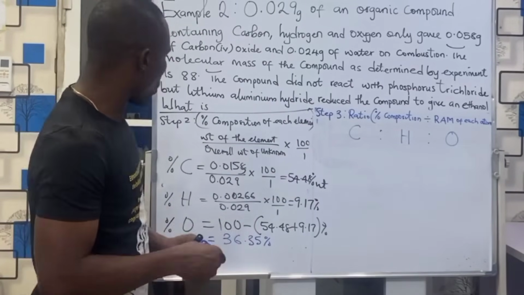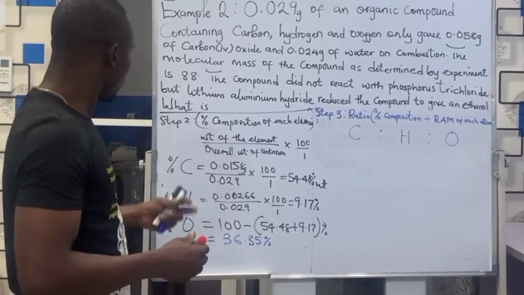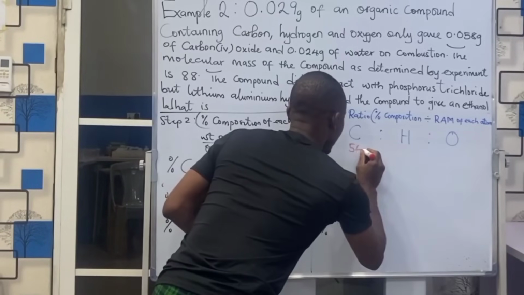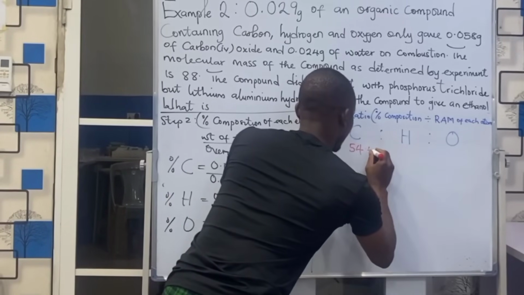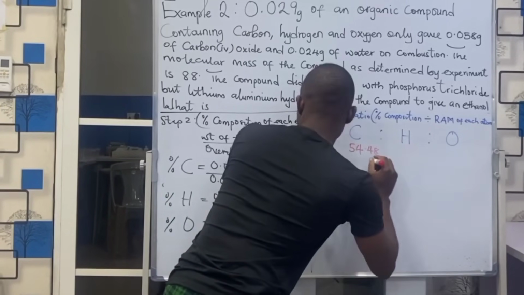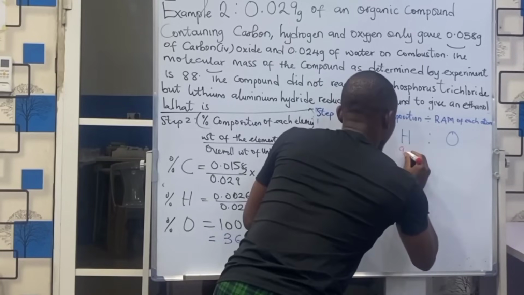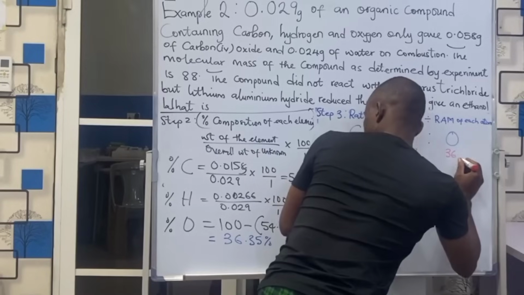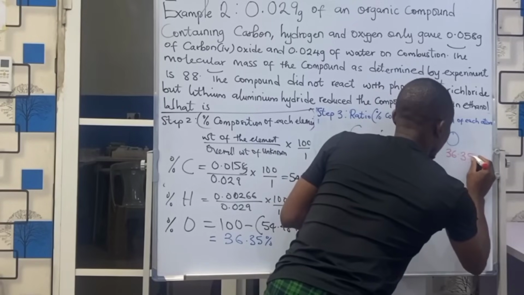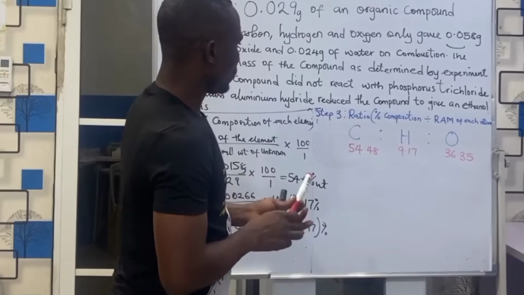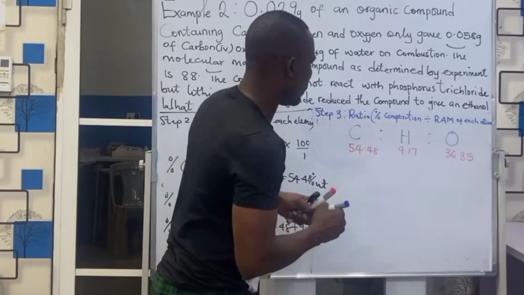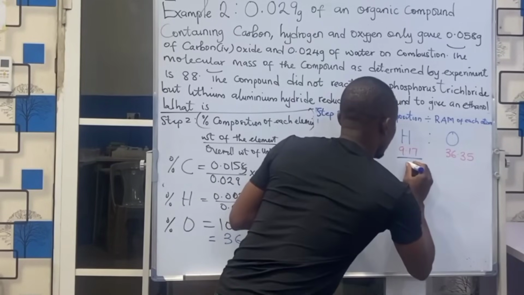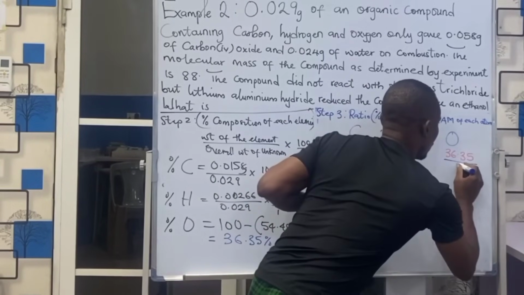Bringing in our percentage composition from step 2, carbon is 54.48, hydrogen is 9.17, and oxygen is 36.35%. The rule is to divide them by their relative atomic mass: 12 for carbon, 1 for hydrogen, and 16 for oxygen.